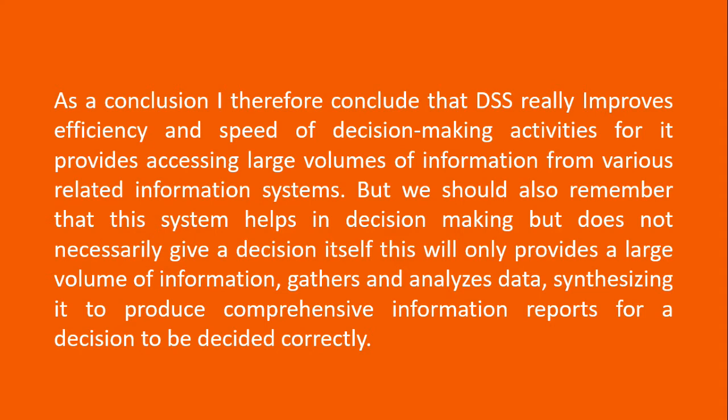But we should also remember that this system helps in making decisions, but it does not mean that the system will give a decision itself. It will only provide a large volume of information and analyze data, synthesizing it to produce comprehensive information reports for a decision to be decided correctly.